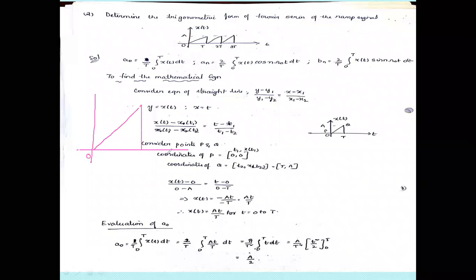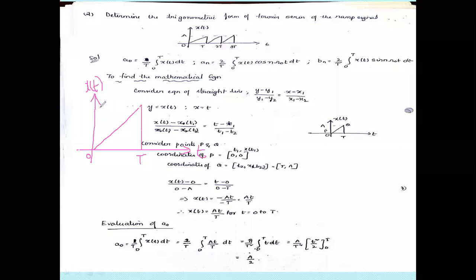It starts from 0 as the t value varies, and the given x of t is a ramp, a slope up to the period T, and it is again repeated. Repeated means for every time interval of T, the plot repeats. You can call it a periodic signal.